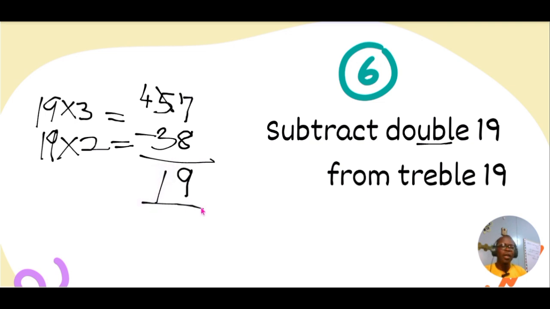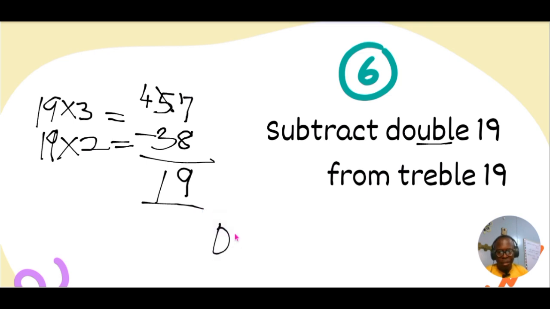Now, you might not want to go through this long method. You could just look at this and solve it immediately. Why? Because it's as though I'm having 2 oranges. Double means 2. So 2, let's assume 19 is an orange. So 2 oranges taken away from 3 oranges. You understand?